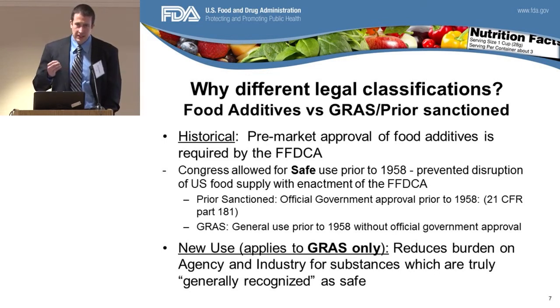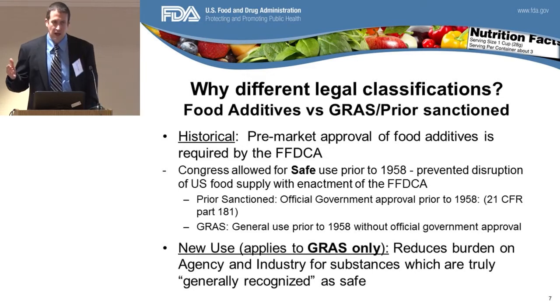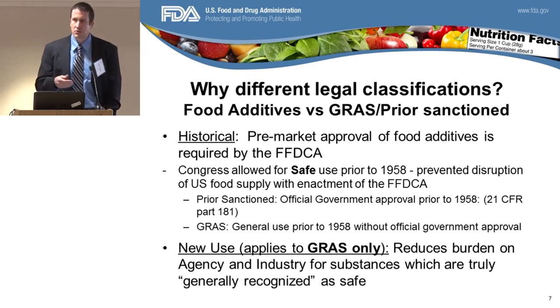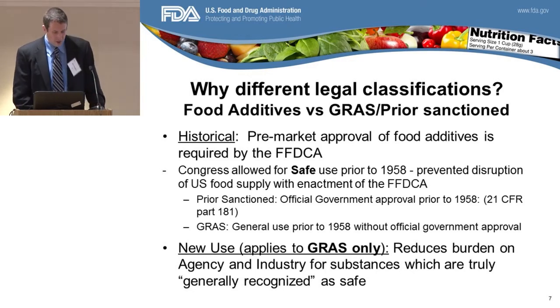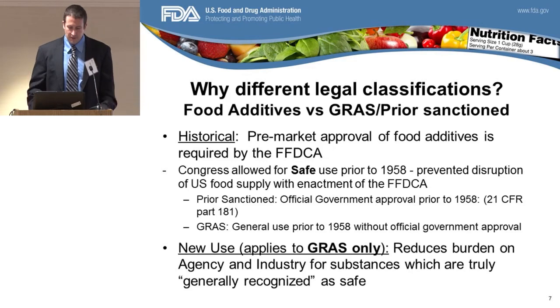Well, you can imagine the daunting task before FDA when that regulation was passed. What do you do with everything that's already being used to package food or already being added to food? It would be impossible from a human resources standpoint for FDA to have basically given approval for all those substances. It would be much too big of a backlog.